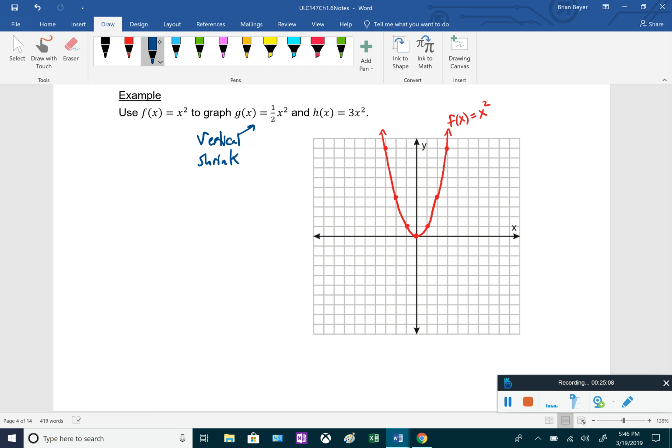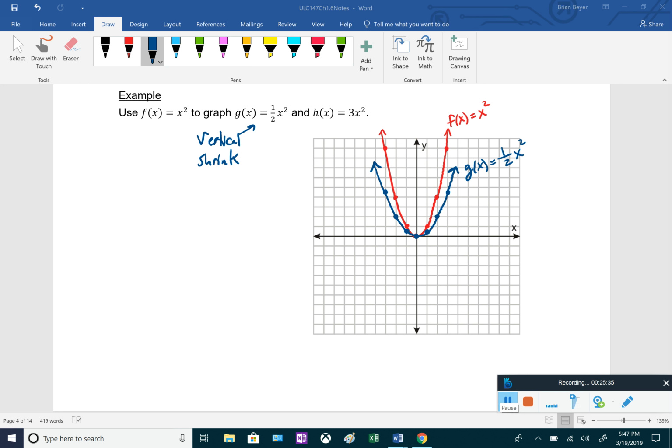So that was a y value of 9. 9 times 1/2 is 4.5. So that'll put us about right here. Next, it was a y value of 4. So that gives us a y value of 2. A y value of 1 gives us a y value of 1/2. Stays at the origin. And then it's symmetric, so same thing on the right side.